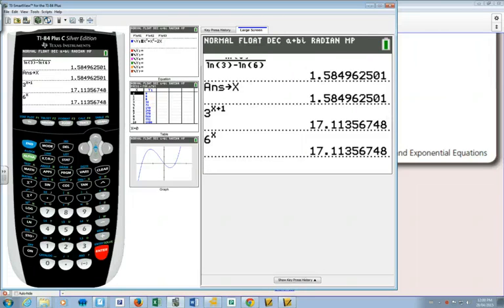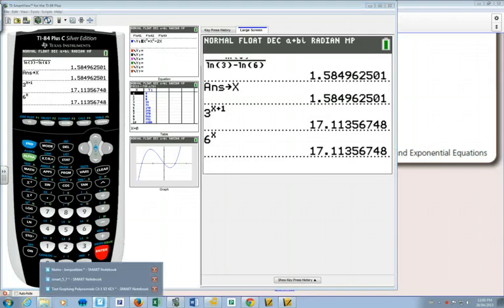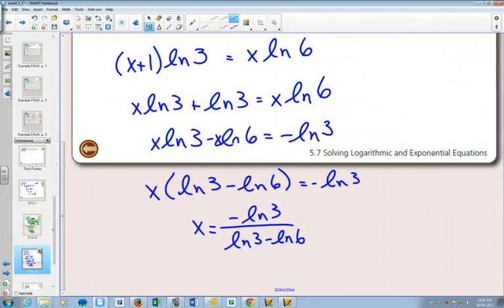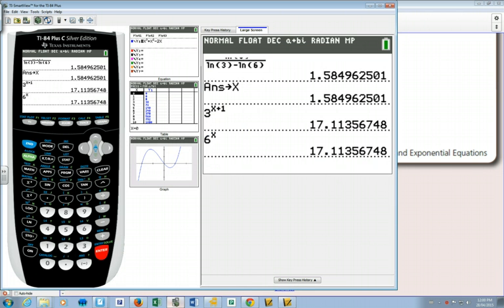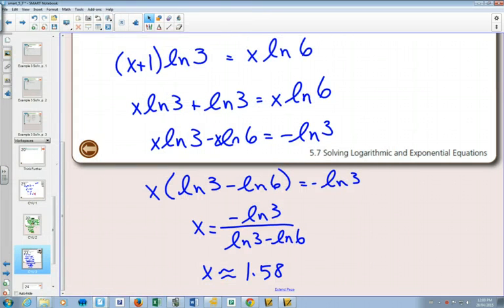So I know that my x value of 1.58 is correct. Is that rounded correctly? I hate to lose a half a mark for my rounding. 1.584, yes, it was correctly rounded. Good.